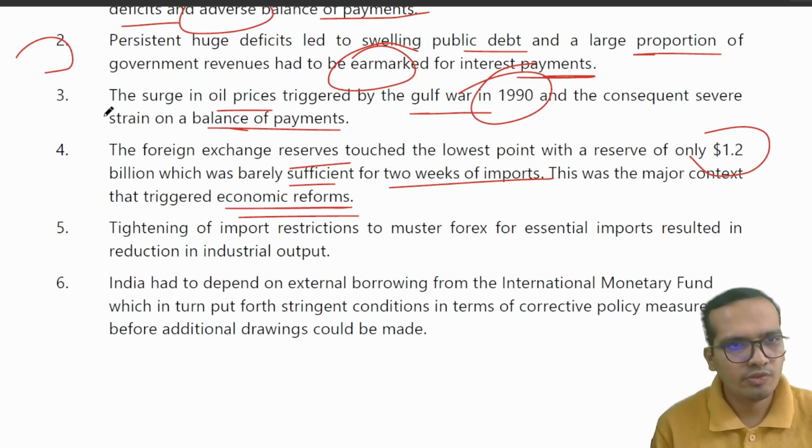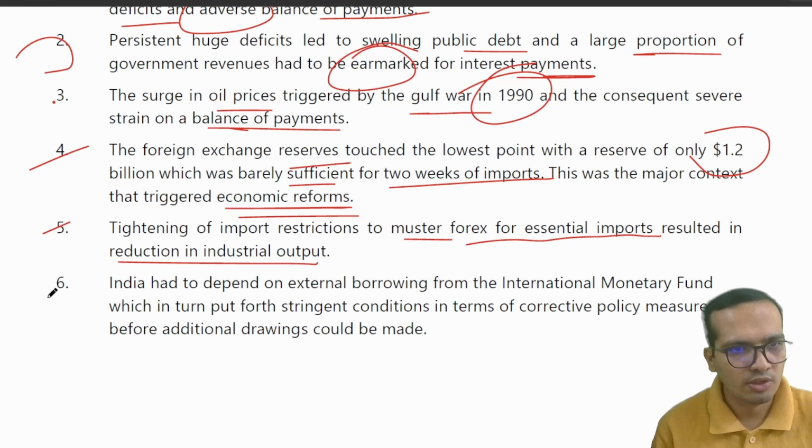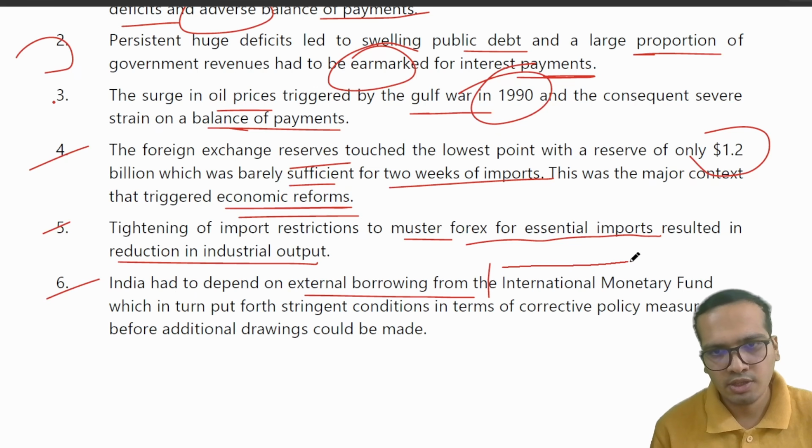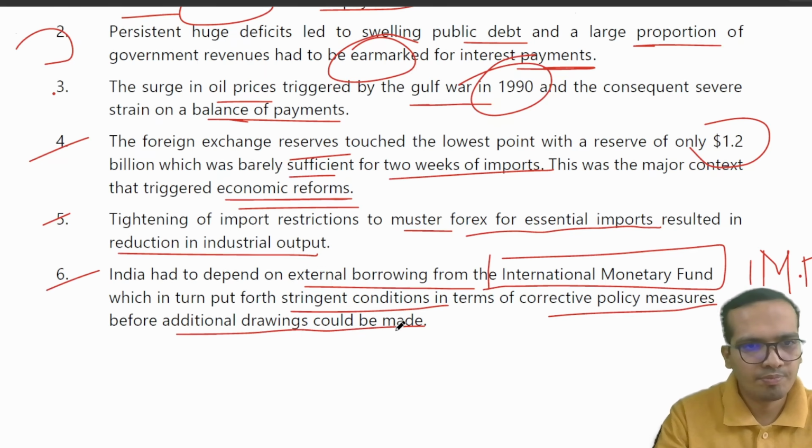Fifth, tightening of import restrictions to muster forex for essential imports resulted in reduction in industrial output. Sixth, India had to depend on external borrowings from the International Monetary Fund (IMF), which in turn put forth stringent conditions in terms of corrective policy measures before additional drawings could be made.